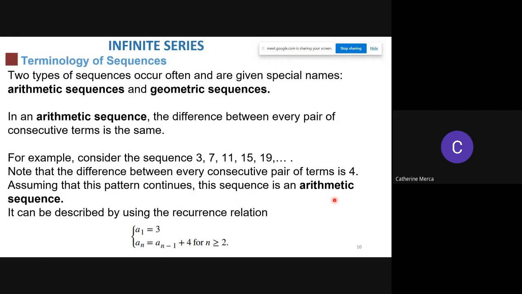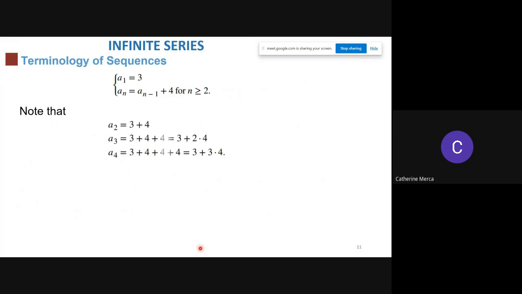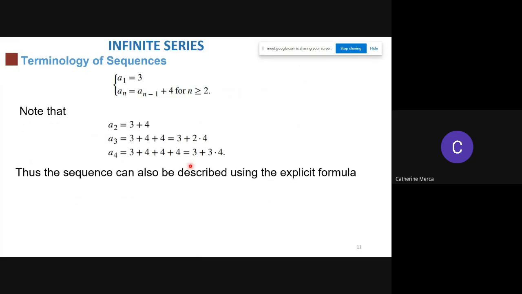So a sub n equals a sub n minus 1 plus 4. That is if you make use of the recursive definition. But if we make use of the sequence, a sub 2 is 3 plus 4.